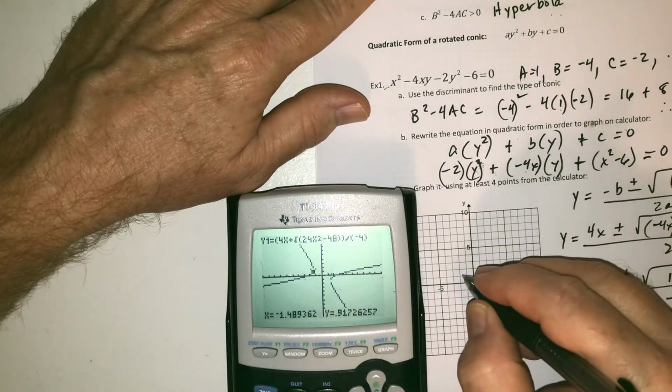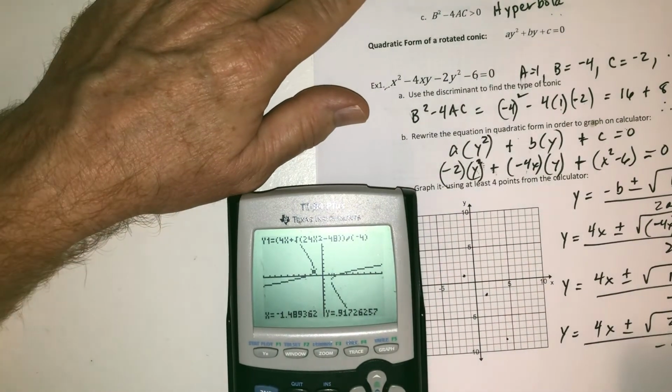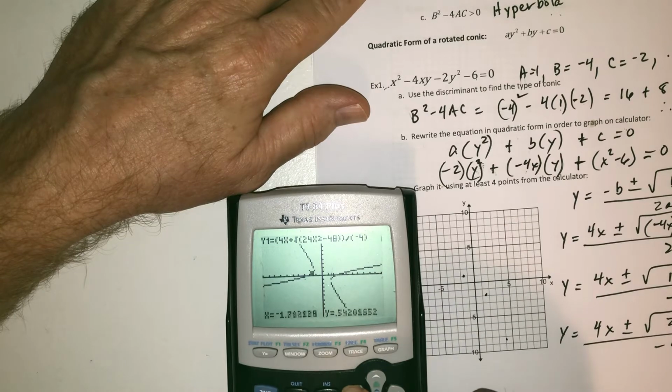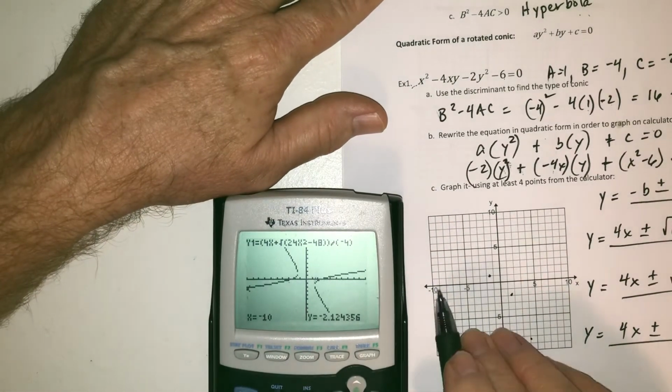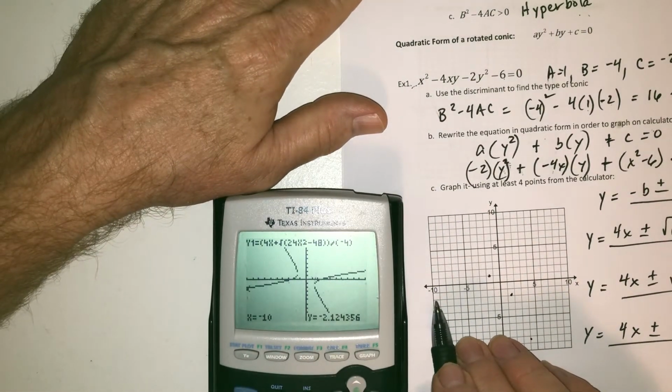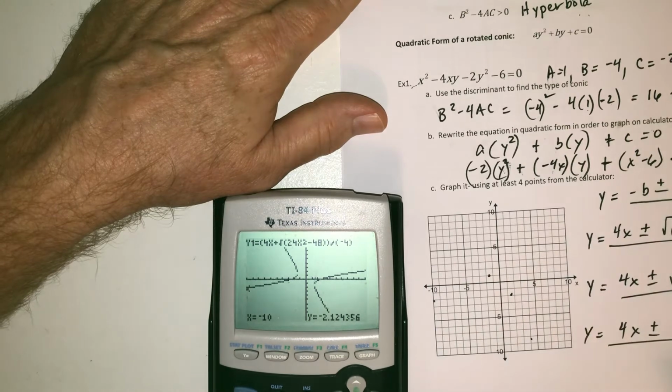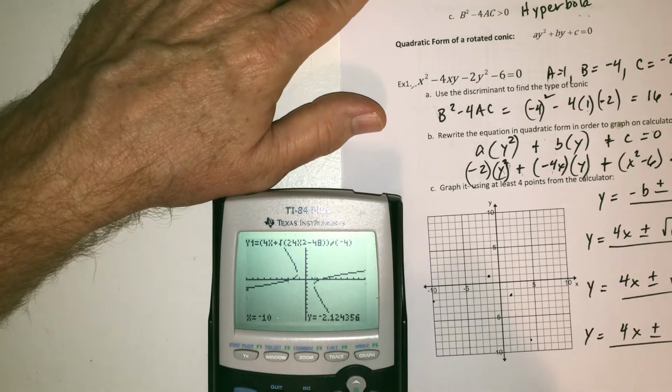Now let's keep coming to the left until we can get a point pretty far with a negative. Let's go a little further. Negative 10. So when x is negative 10, the y coordinate is negative 2.1, which would be that point right in there.